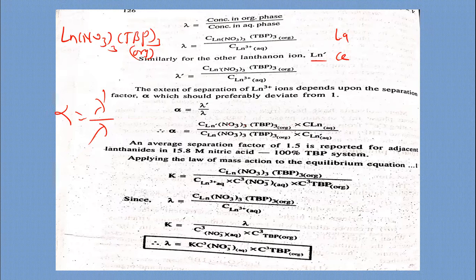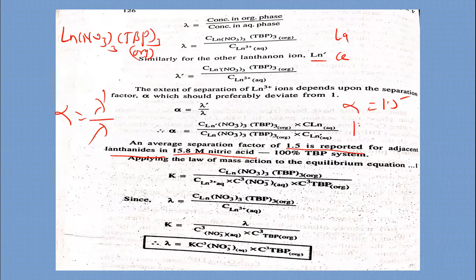In this case, an average separation factor of 1.5 is reported for adjacent lanthanide ions in 15.8 molar nitric acid solution. What is the value of the separation factor alpha? 1.5.